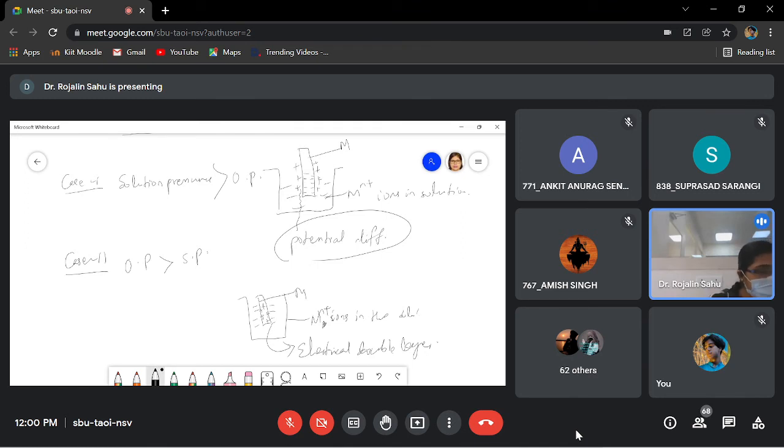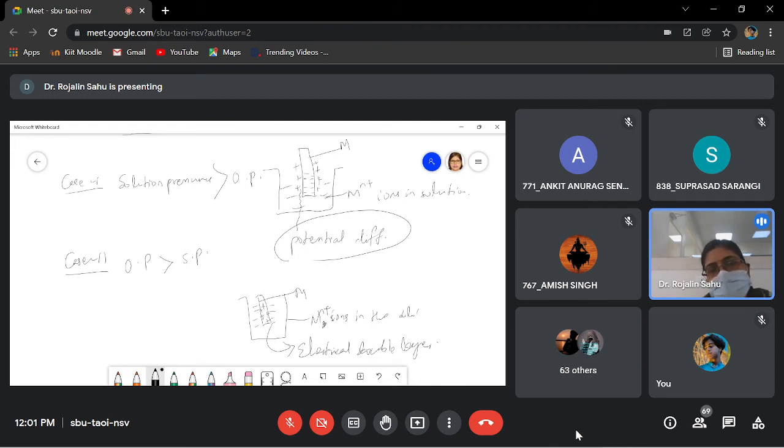But when solution pressure is equal to osmotic pressure, in such a case the electrical double layer is not formed and there develops no potential. Such an electrode is known as null electrode. Do you understand? Three cases arise when a metal strip is dipped inside its own solution.